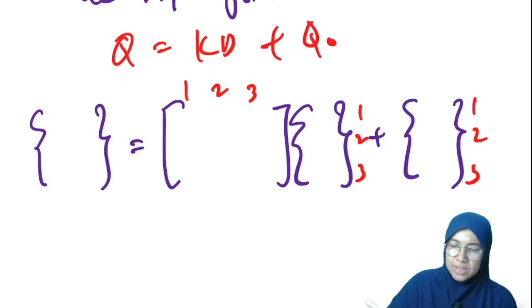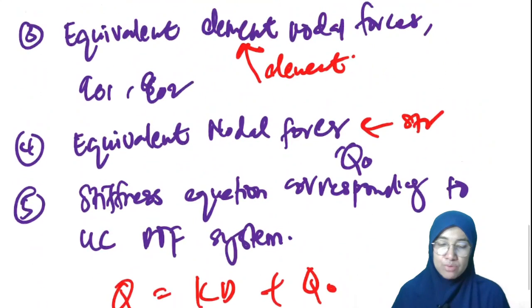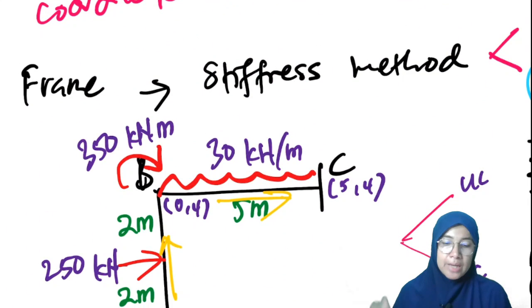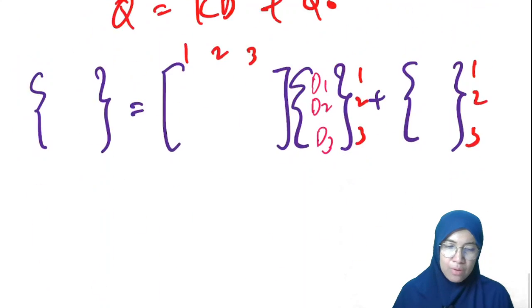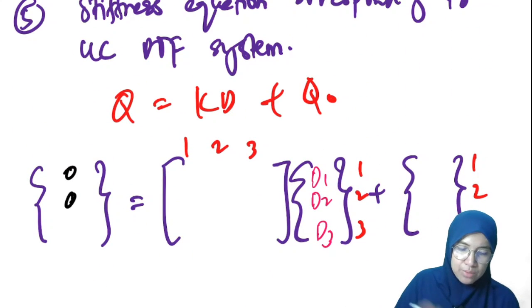So this is actually D1, D2, D3 as the unknowns in this stiffness equation. So we have Q1, Q2, Q3, and we can refer back to the main diagram. Q1 means horizontal force, Q2 means vertical force. There is no horizontal force or vertical force at B, so the values for positions 1 and 2 are 0, 0.